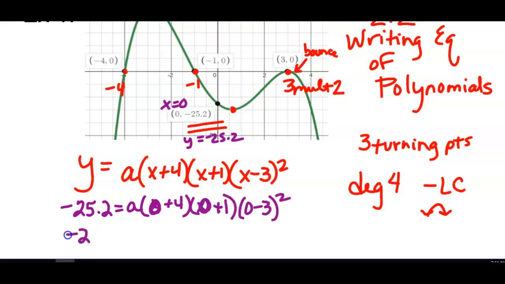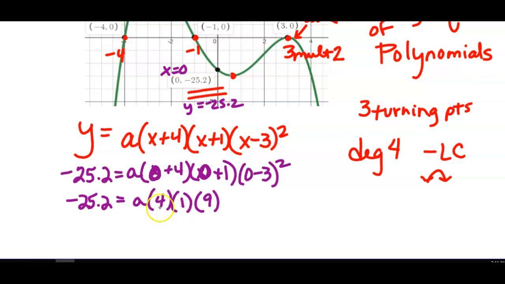So we have -25.2 equals some a times 4 times 0 plus 1 would be 1 times 0 minus 3 is -3 squared is a +9. So 4 times 1 times 9 is 36. So over here we have a 36a, and we have -25.2.